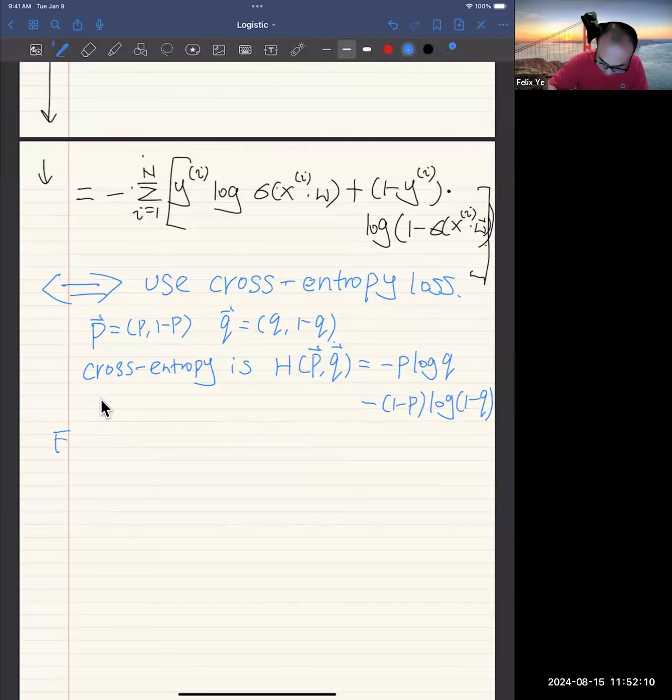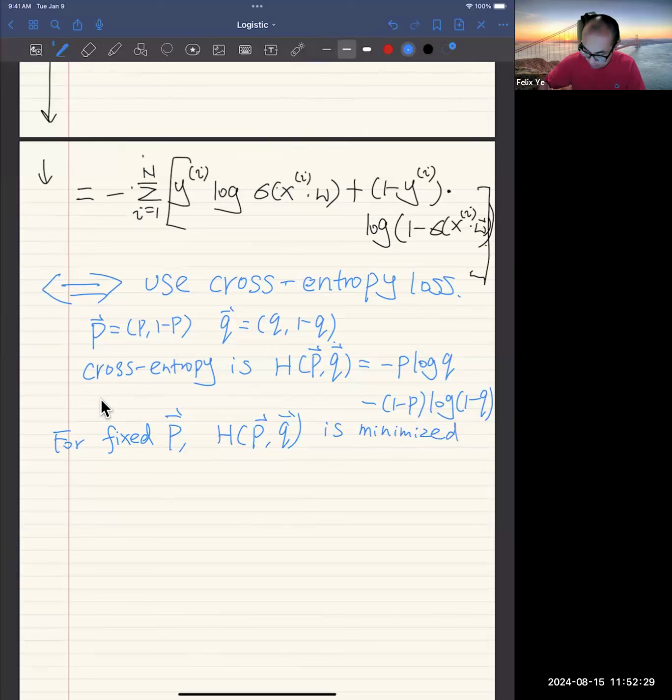For fixed P right here, H(P, Q) is minimized at Q equal to P. Why?